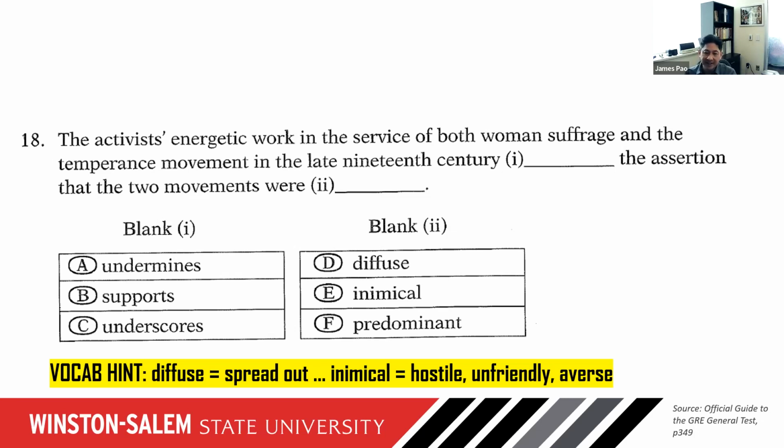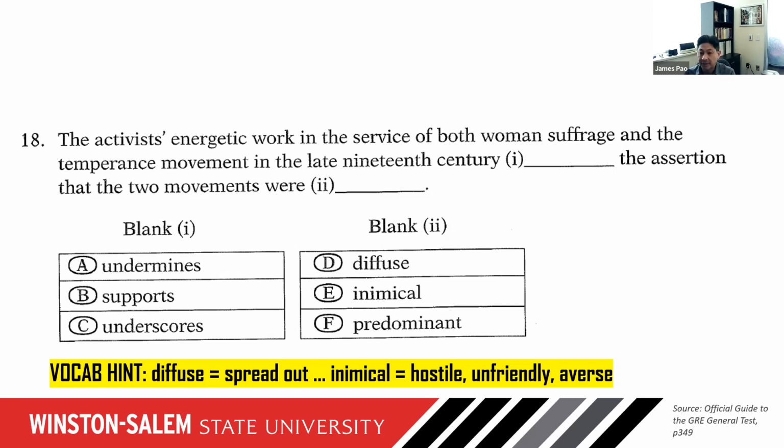And then does D, E, or F mean worth fighting for? Diffuse does not. Inimical does not. Predominant does not. So nothing means it's worth fighting for. The support is going to be wrong because you have to support the idea that these are worth this energetic work that's being done.